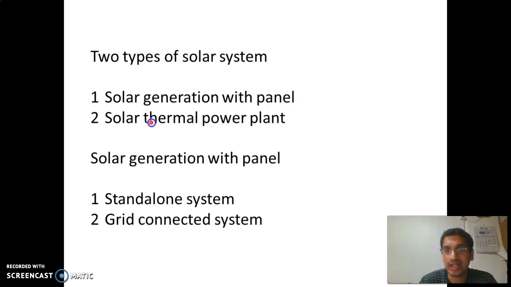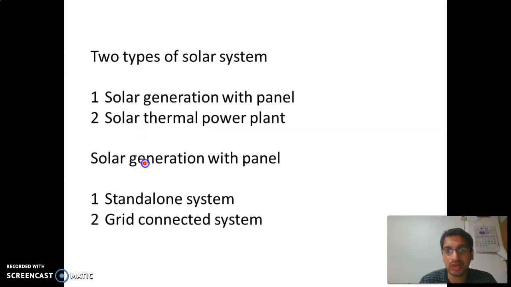So the energy conversion takes place in these two cases. In the first case, only one energy conversion takes place, that is solar energy to electrical energy. In the second case, first it converts solar energy to thermal, thermal to mechanical, mechanical to electrical.